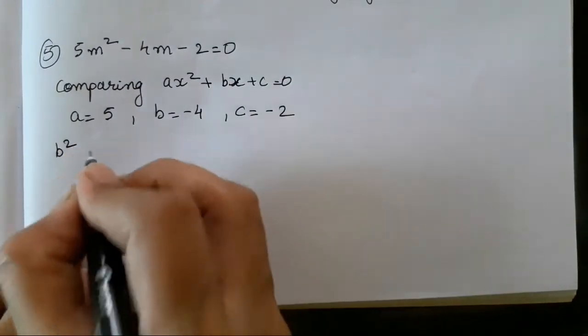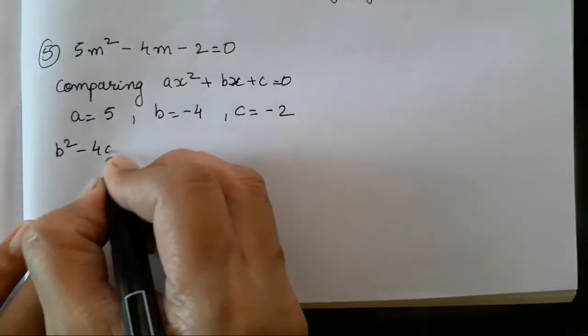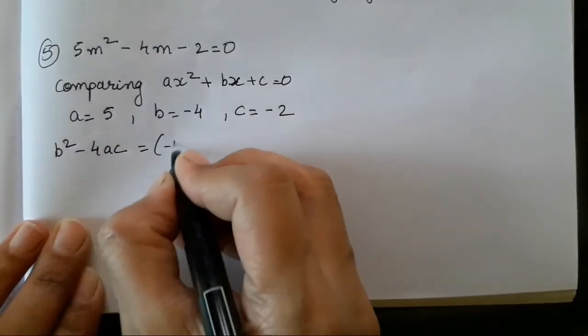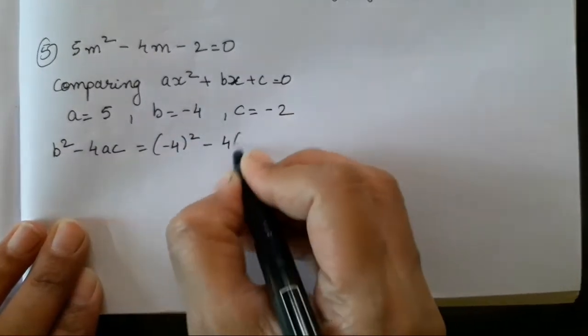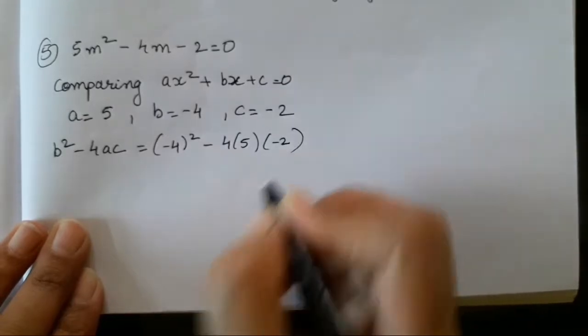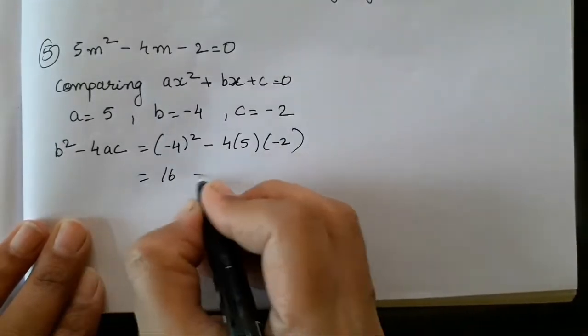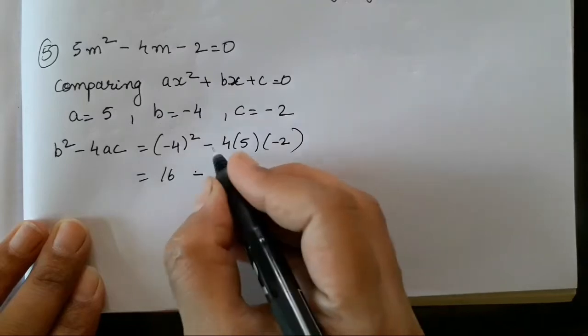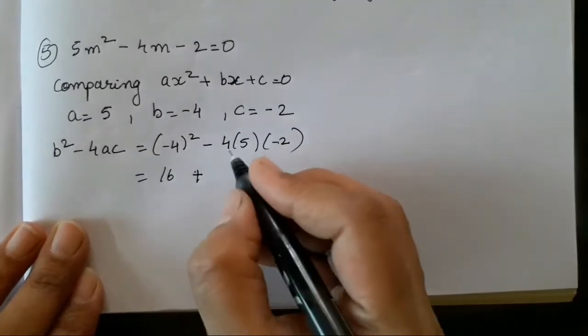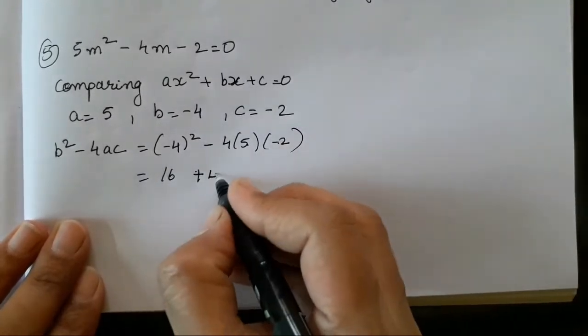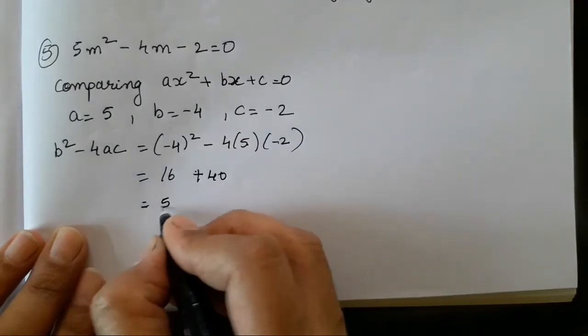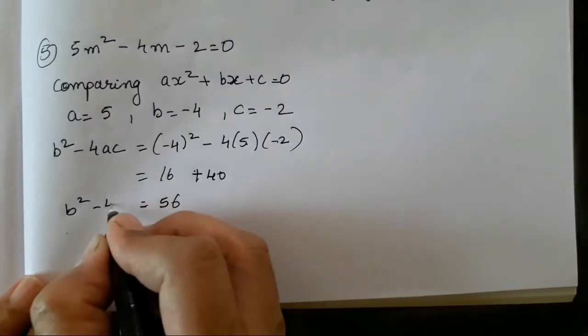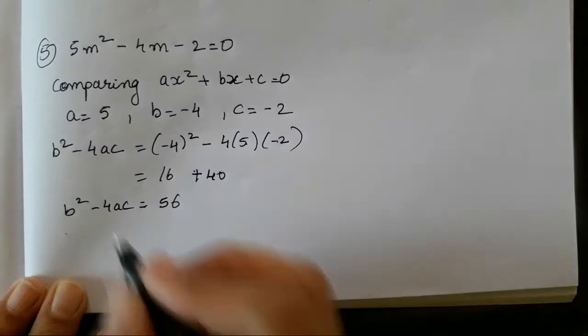Okay, so b square minus 4ac is supposed to be minus 4 square minus 4 into 5 into minus 2. The answer is going to be 16. 5 fours are 20, 2 twos are 40. This sign will change as minus and minus will change to plus. So this is going to be 56. So b square minus 4ac is 56.